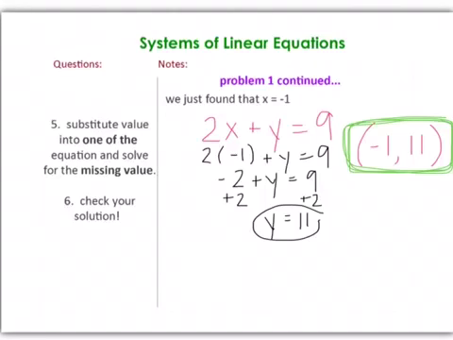So I'm going to put 11 in for y and negative 1 in for x. 2 times negative 1 plus 11 equals 9. Negative 2 plus 11 equals 9. Does 9 equal 9? Yep. So I know without a shadow of a doubt that negative 1, 11 is where these lines intersect.